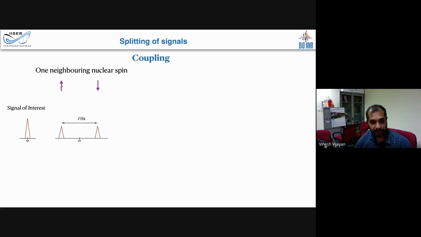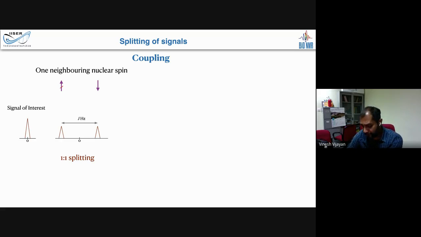Coupling is always given in hertz, and it is independent of the magnetic field. So if it says 2 hertz coupling between the doublet at 60 megahertz, it is 2 hertz even at 600 megahertz. It will not change.